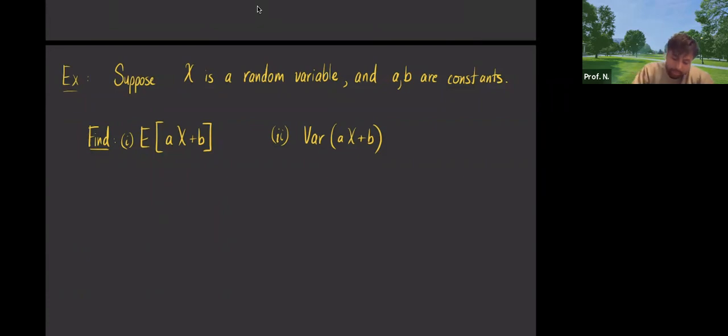Well, let's see. What do you think I'm supposed to do here? So I want to find the expected value of ax plus b. What can I say after this equation?